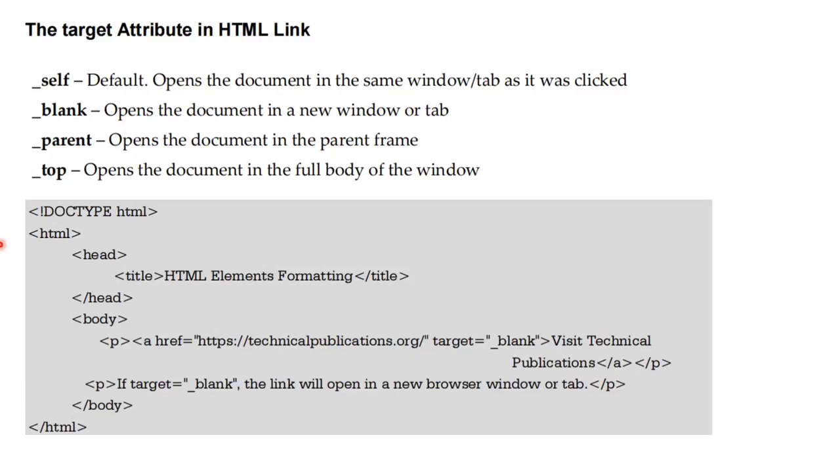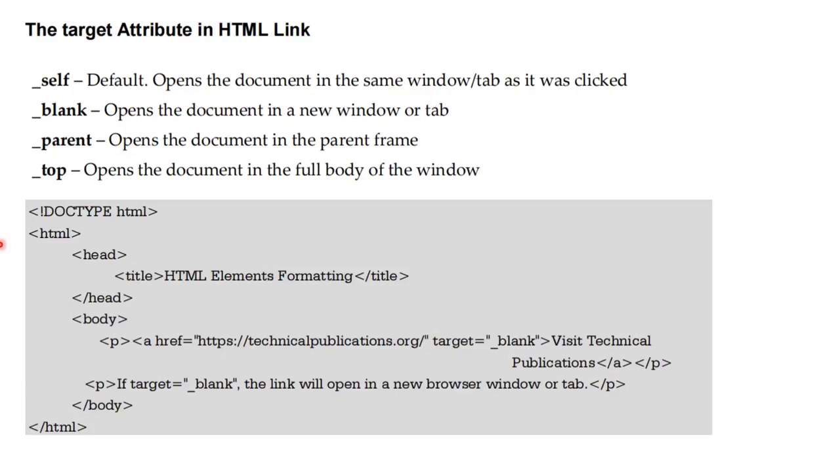If you want to change this, the target attribute must be specified in the HTML link element. So where to open the link document is specified by the target attribute, and the target attribute can have one of the following values: self, blank, parent, top.